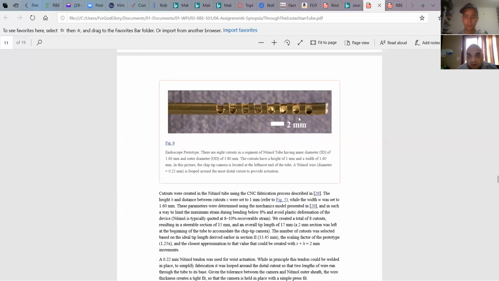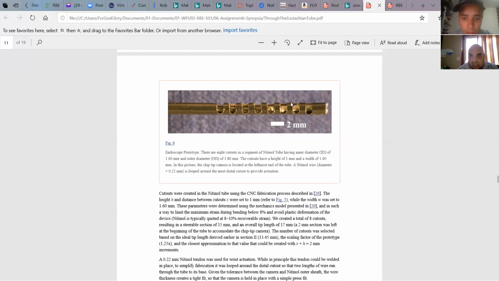I think these are very valid questions, and my attempt to answer these will be twofold. First is by looking at the design of the robot itself. It is made of nitinol tube, and as you can see here, I'm showing the picture of the tube itself.